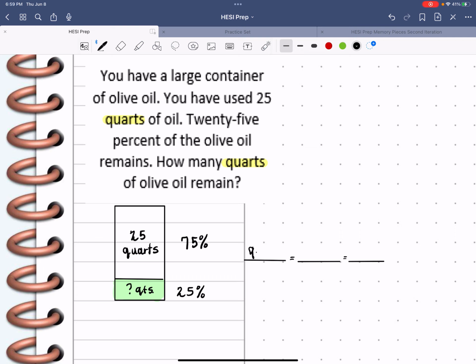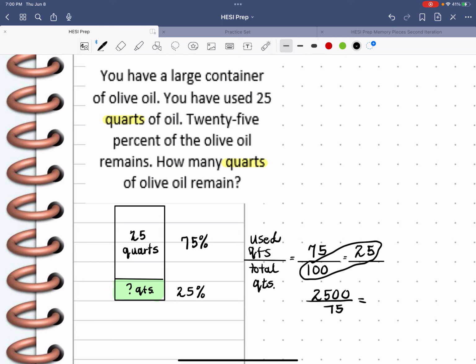This is quarts used out of total quarts. So you've used 75% of your 100%, and that 75% is 25 quarts. So 100 times 25, that's 2,500, divided by 75.